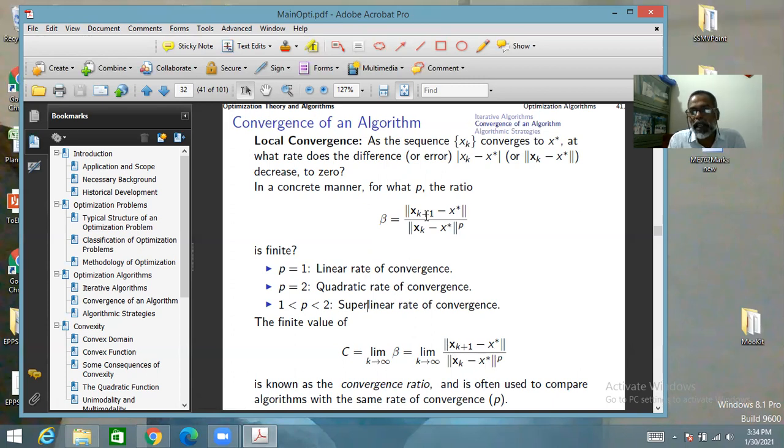If you are comparing two different algorithms, one having one rate of convergence, the other having another rate of convergence, then that is easy. But if you are comparing two algorithms having the same rate of convergence, then which is better, which is worse for local convergence, for speed of convergence, you compare this convergence ratio. The one having a lesser convergence ratio will be a better algorithm, because that means that with a given initial error, the later iterate will show less error.